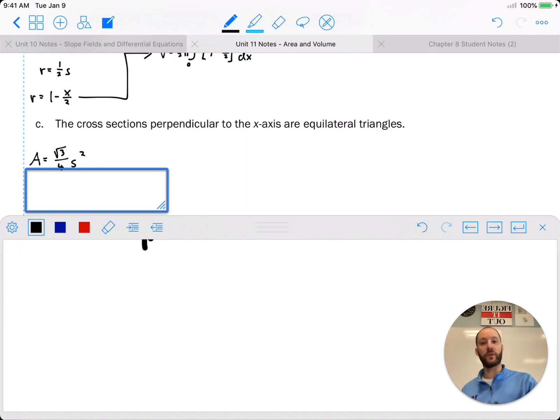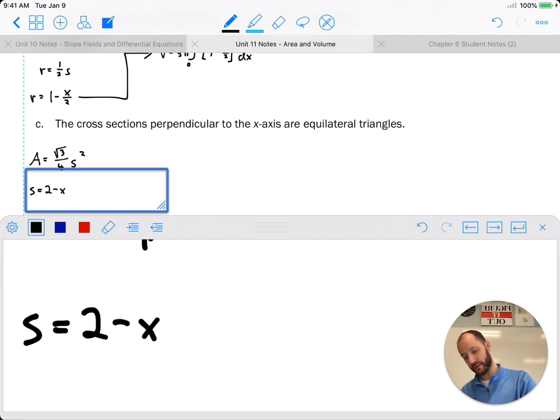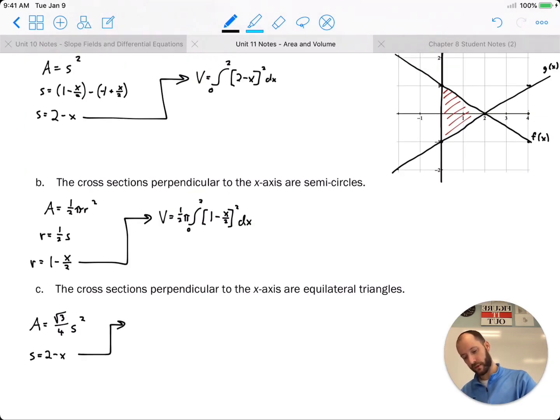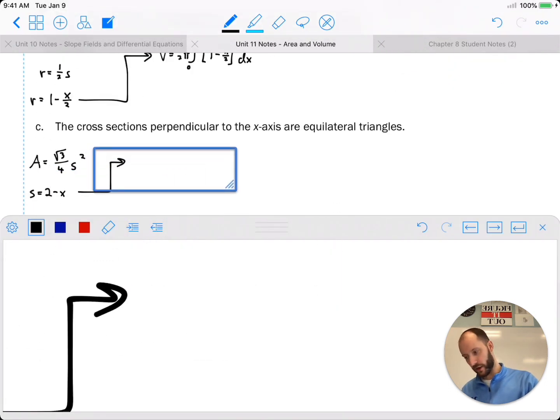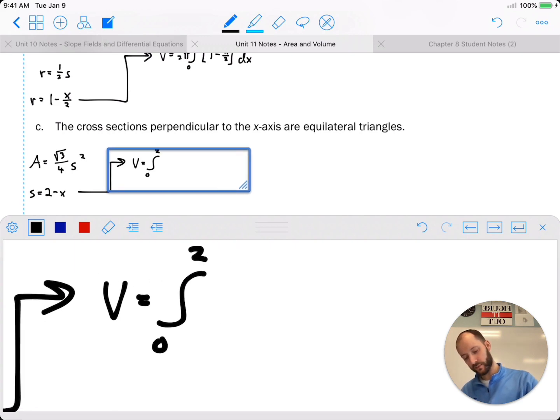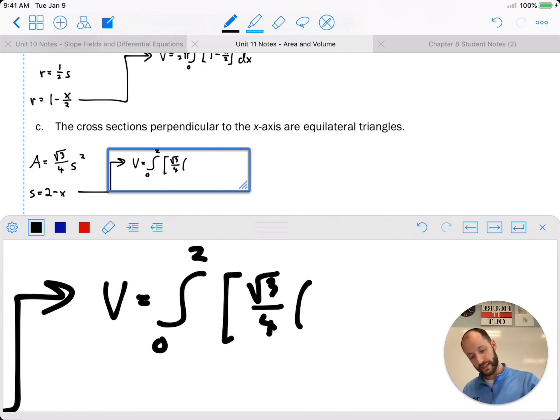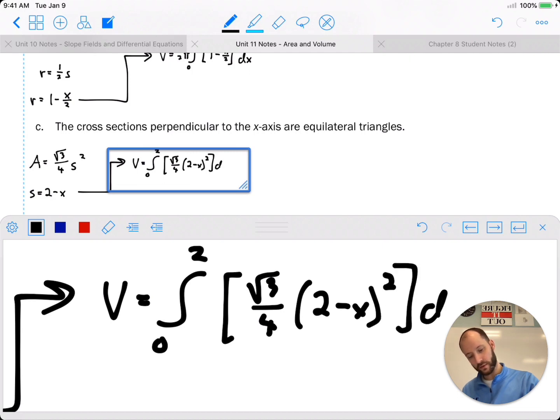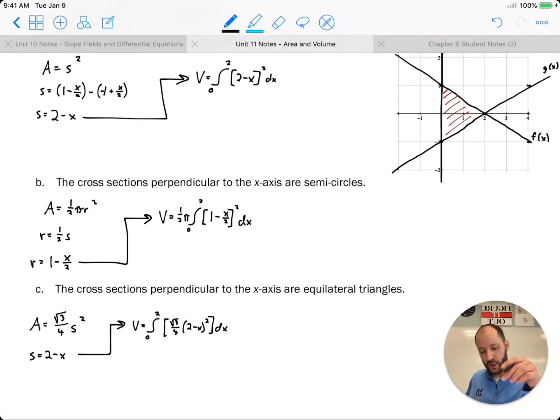So s from the first part, s is 2 minus x. So use that. The volume is the integral from 0 to 2 of √3/4 times 2 minus x, squared, dx. And I guess I could have pulled the √3 over 4 out of the problem. So maybe I'll do that when I do the antiderivative and all the fundamental theorem.